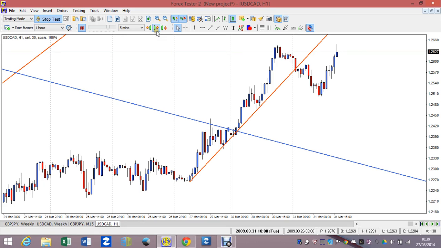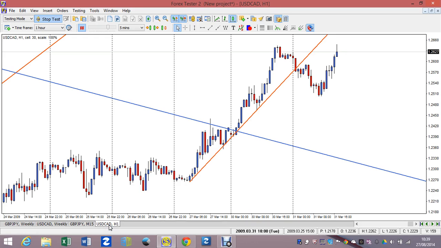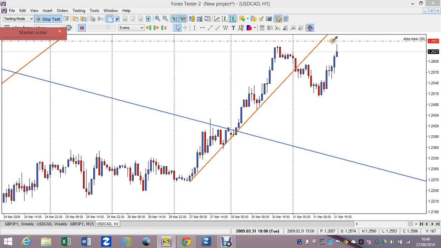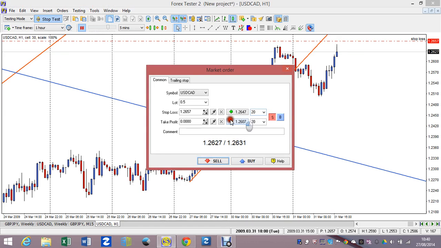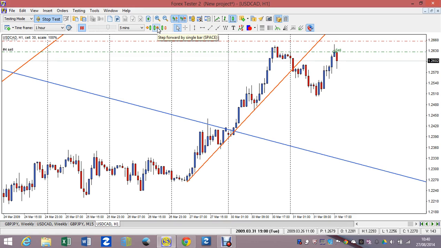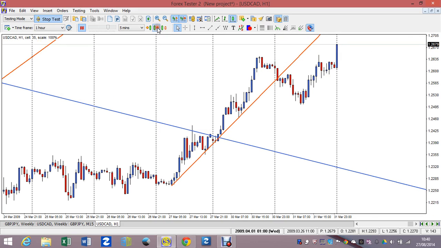That could be interesting. Stop above the pin, sell. And a loss.